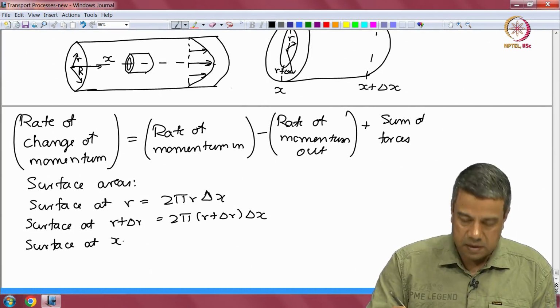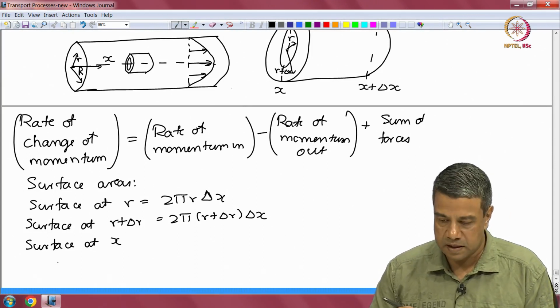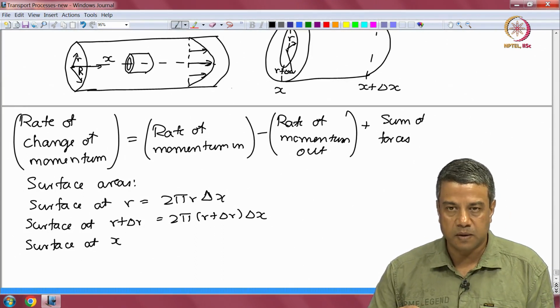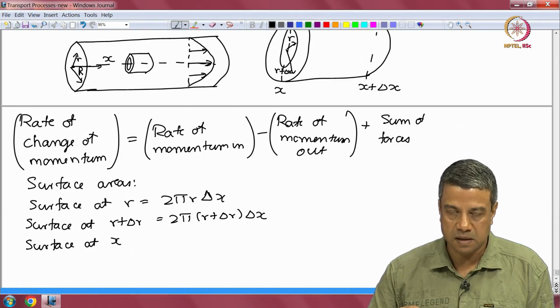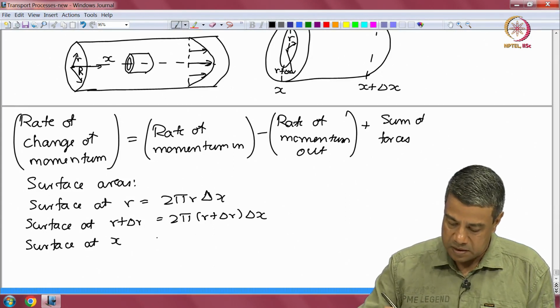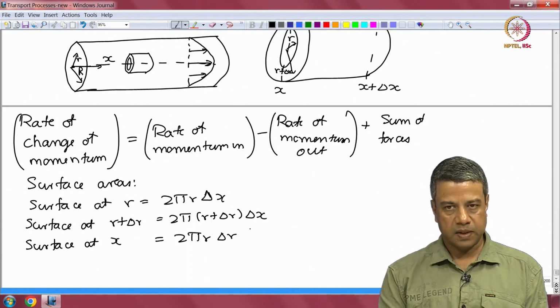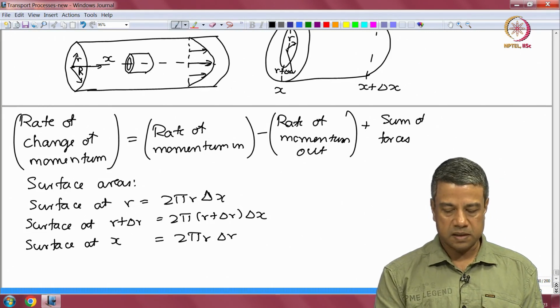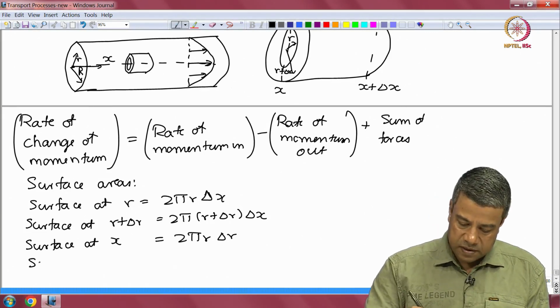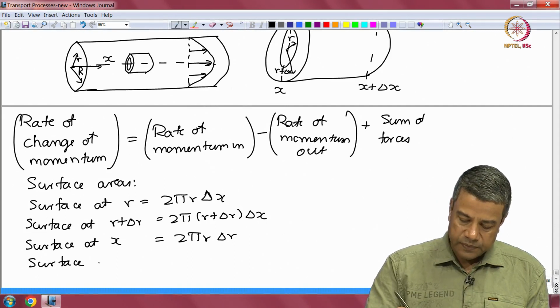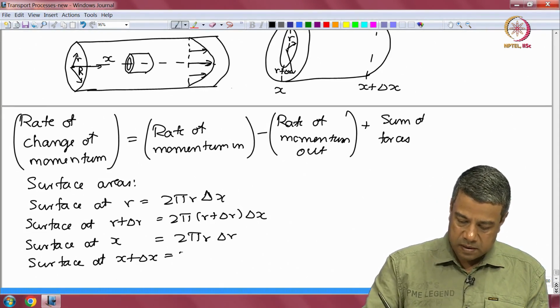Surface at x, the surface area, is the disk between the two circles at r and r plus delta r. So, this is going to be equal to the perimeter times the thickness, and similarly the surface at x plus delta x is going to be the same thing.